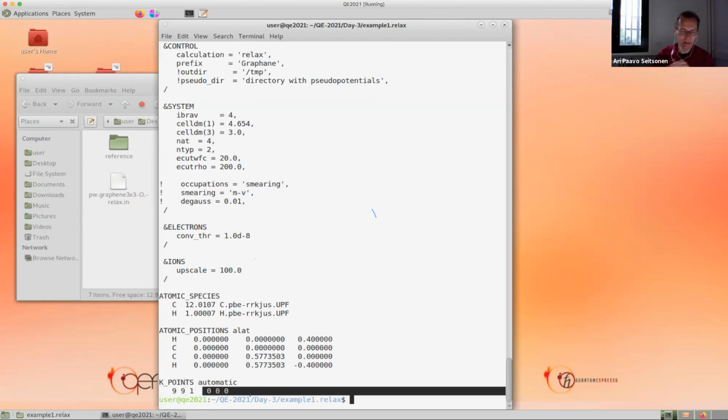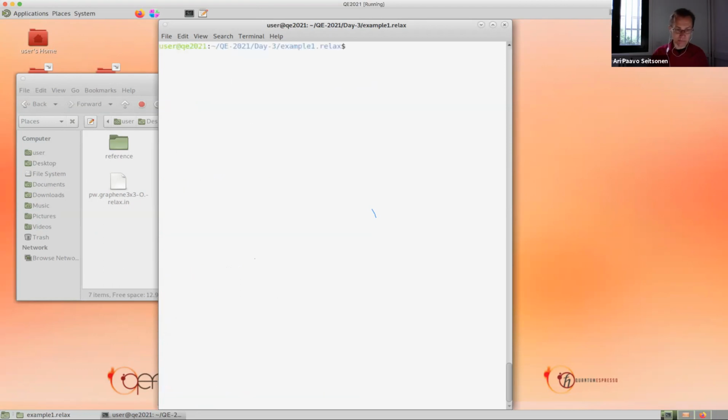So that's why we have 0, 0, 0, basically always when you have a hexagonal cell. If you want to, you can check my PhD thesis in the appendices. I show how funny those look if you do the translation. And then we use 9 9 1 K points. It's again maybe not enough for graphene itself, for this so-called graphane, where you have this hydrogen. It's probably enough because you will see how the electronic structure is different.